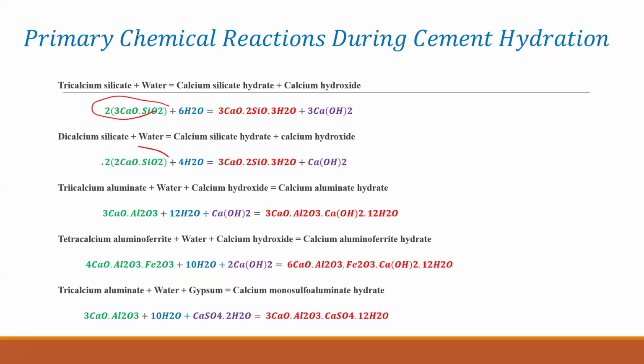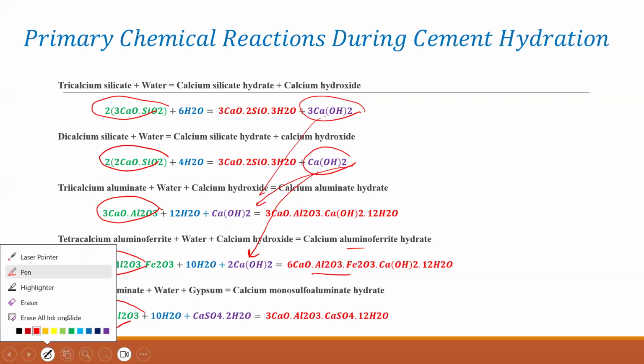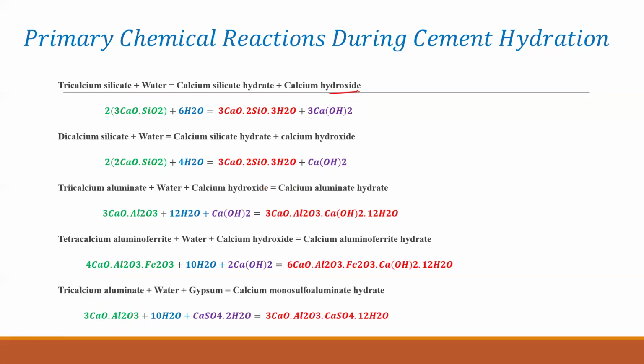These main components, C3S, C2S, C3A, C4AF, they are reacting with water and also with products of this reaction. So this calcium hydroxide is a product and it is reacting here. You can see it is reacting with them again, and it is making the hydrate. So if you look at the right hand side, these ones are again reacting.